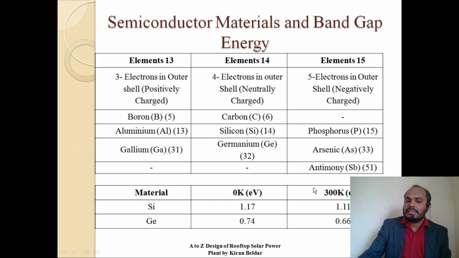As the temperature increases, the forbidden energy, or band gap energy, required to generate electricity decreases.